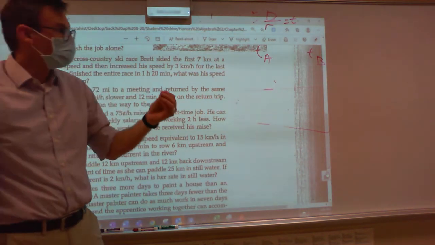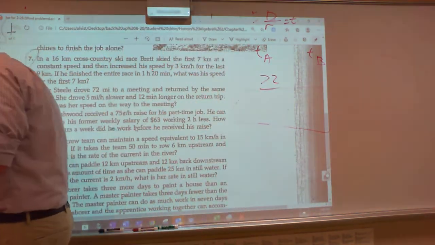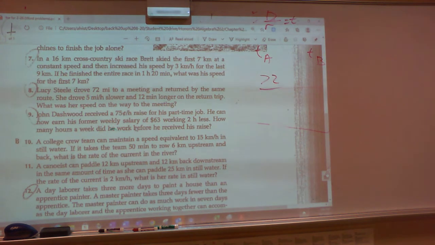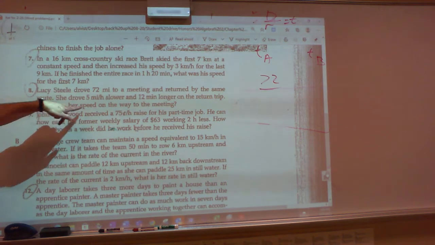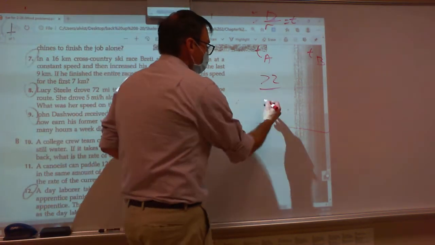That's quite a long way. What was her rate? That's what we're asking. They didn't tell us, but that's what they wanted to know, isn't it? It says, what was her speed on the way to the meeting, right? So it'll be x.